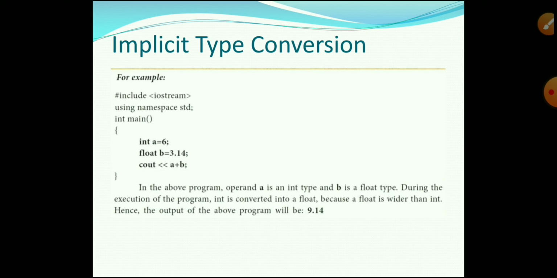Hence the output of the above program will be 9.14. The integer value is converted into a float value, and the result is displayed like this, 9.14. This is called implicit type conversion.